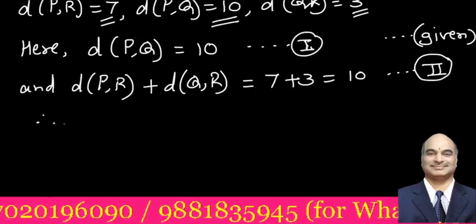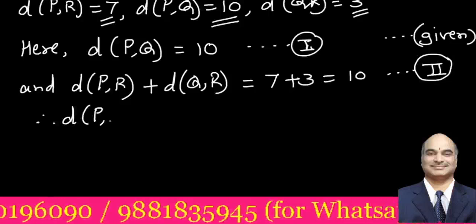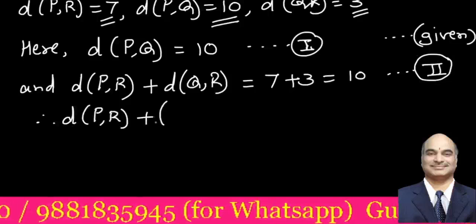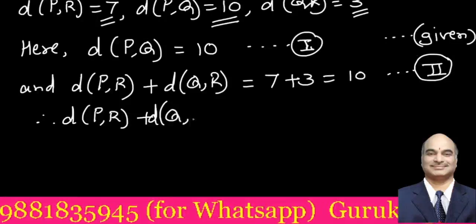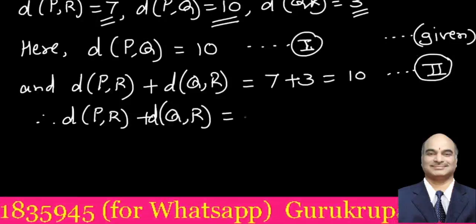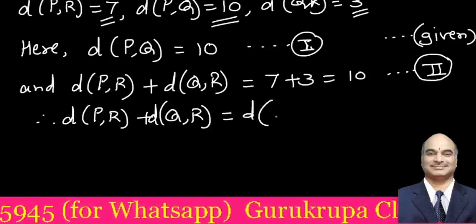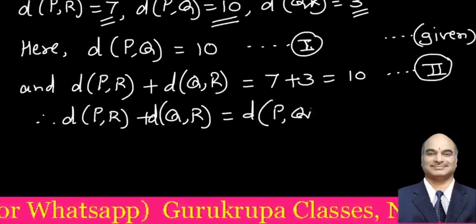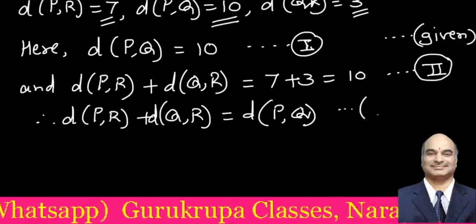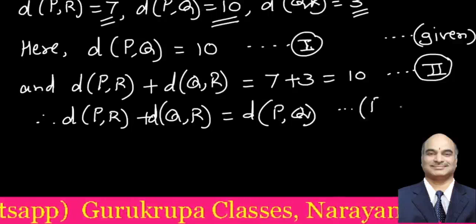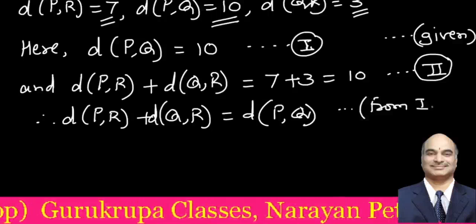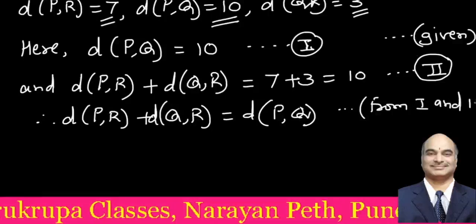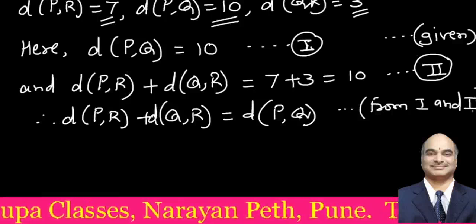So therefore distance PR plus distance QR is equal to distance PQ. So here we can write from statements 1 and 2.